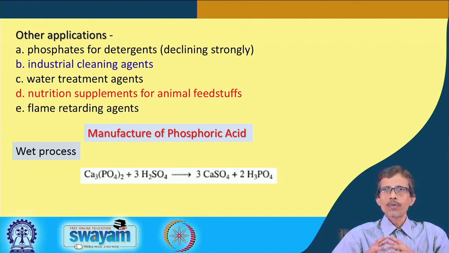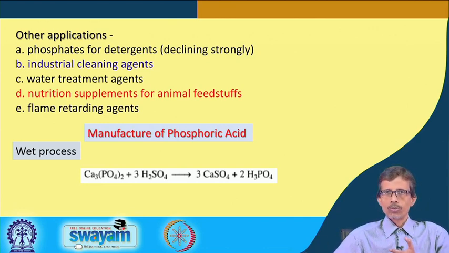Once it forms phosphoric acid, it will not be present as a phosphate network within the metal ion centers. It will be a liquid, so that phosphoric acid will leach out from the rock sample, the solid sample.